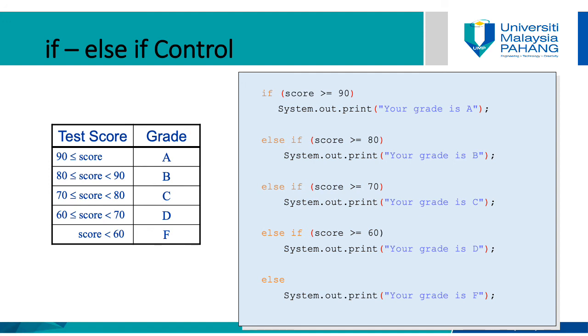If the score is greater than or equal to 90, your grade is A. Else if your score is greater than or equal to 80, your grade is B. And so on until the last condition, you put else, your grade is F.